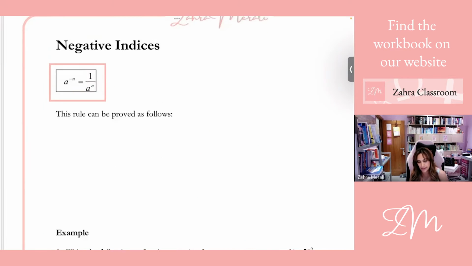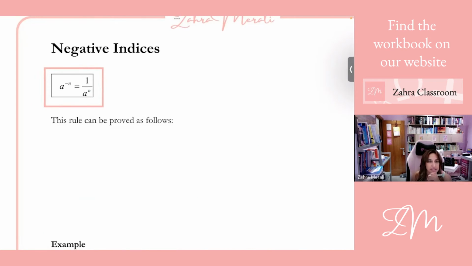Okay, let's look at negative indices. You see a minus sign and your brain is going to go, if it's in the power, 1 over. Now you don't need to worry too much about this, but let's think about this as a rule. So if we've got a to the minus n, how do we get a minus number? Well, we take it away from something.